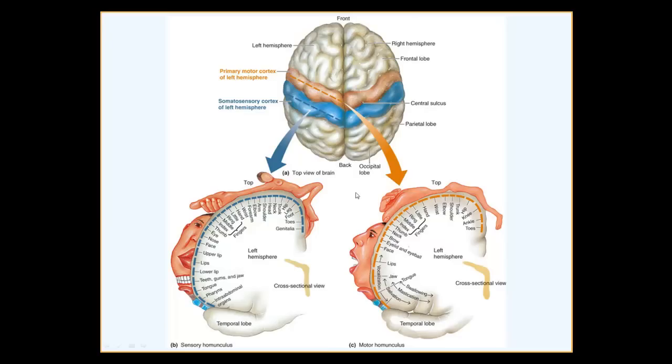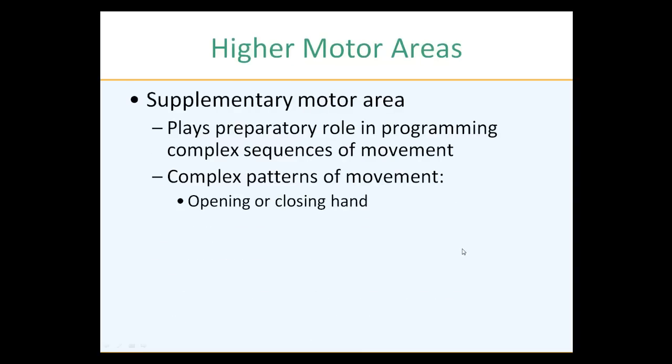And so that is just an oversimplification of why we have a bigger representation of areas like the hand and the face versus areas like the ankle and the feet. Okay, so is that it? When you are pulling a string, is that all your motor activity? Of course not.